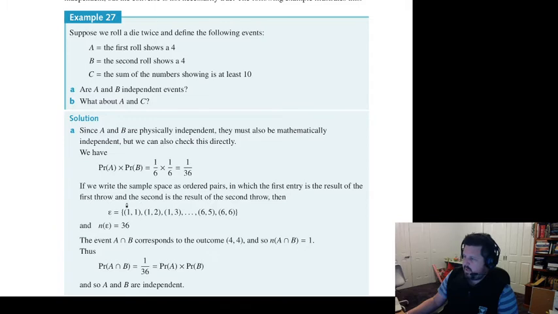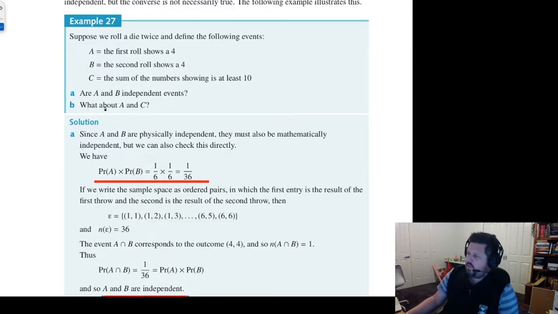There's only one way out of all of these that you can get a 4 first and then a 4 second. So again, the probability of A intersection B is 1 out of the 36 possibilities that there were. Because the probability of A intersection B is the same as the probability of A multiplied by the probability of B, it's also 1/36. They are the same, so therefore we can say that A and B are independent.